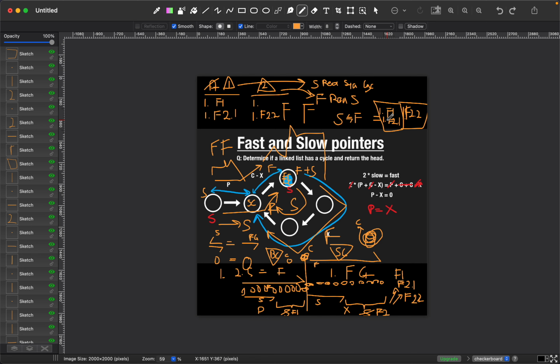I think it's necessary for us to start appreciating the fast and slow pointers that have been created, why this sort of formula works, and try to prove it in the most logical and intuitive way possible. And I came up with this, and I believe that there must be a way to solve it per se.